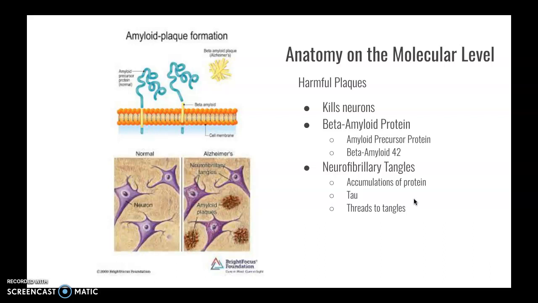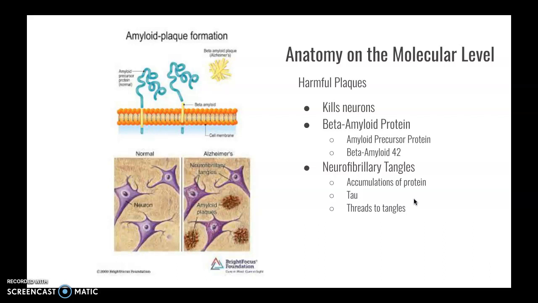It is formed from the breakdown of a larger protein called the amyloid precursor protein. One form is beta amyloid 42, which is especially toxic. In the Alzheimer's brain, normal levels of this naturally occurring protein clump together, form plaques that collect between neurons, and then disrupt cell function.